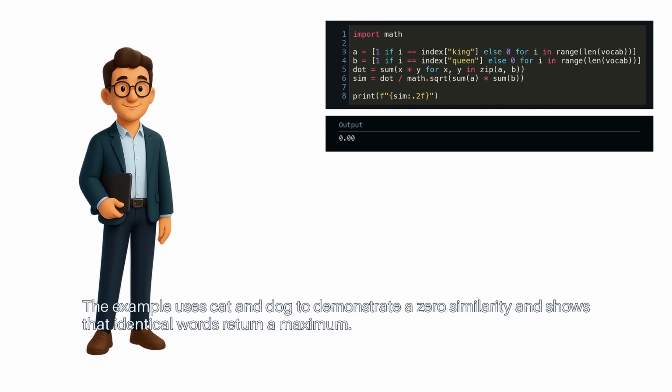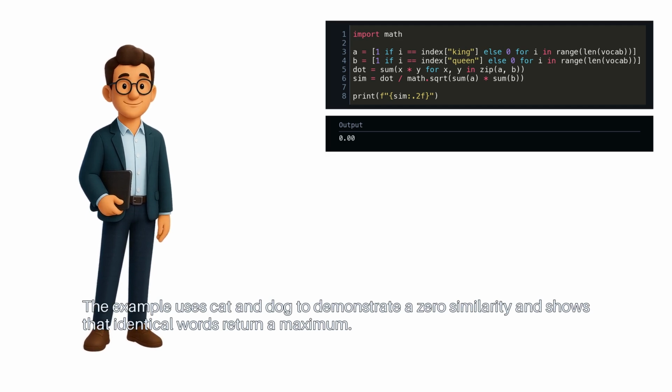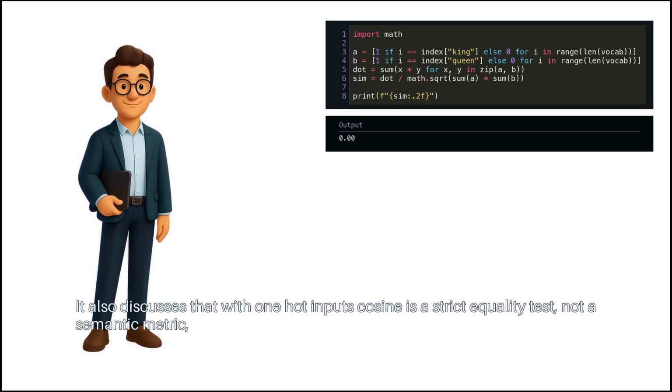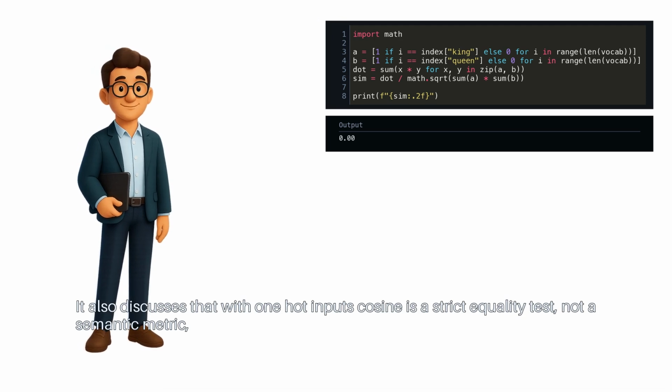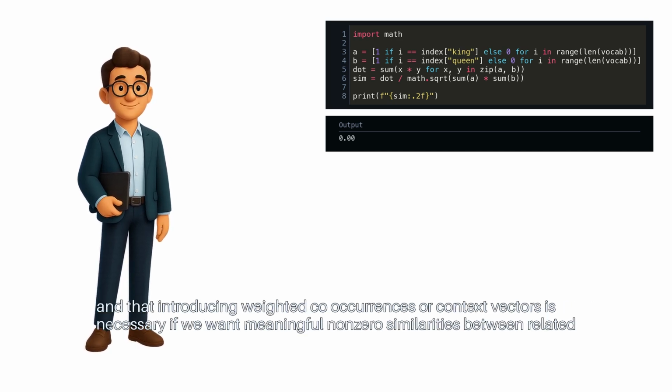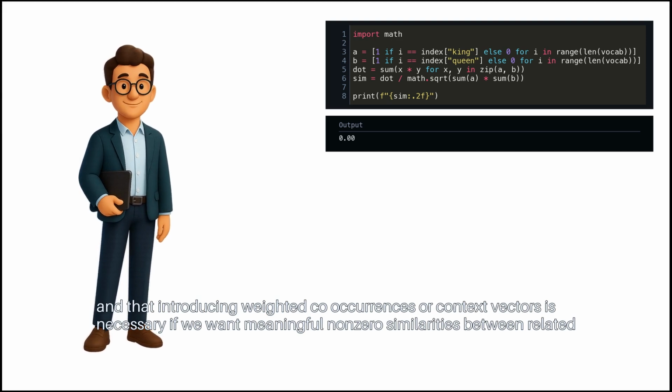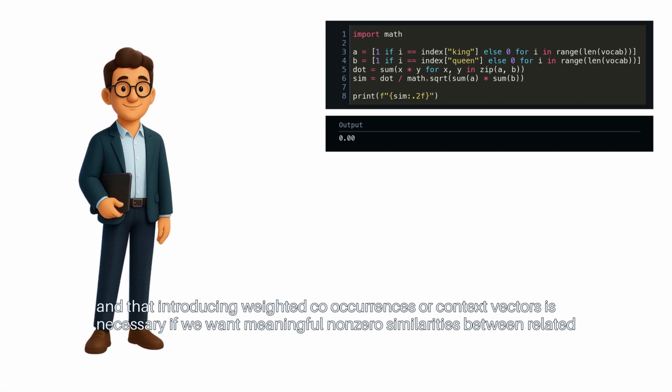The example uses cat and dog to demonstrate a 0 similarity and shows that identical words return a maximum. It also discusses that with one-hot inputs, cosine is a strict equality test, not a semantic metric, and that introducing weighted co-occurrences or context vectors is necessary if we want meaningful, non-zero similarities between related words.